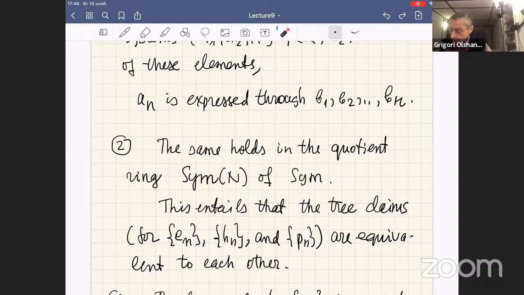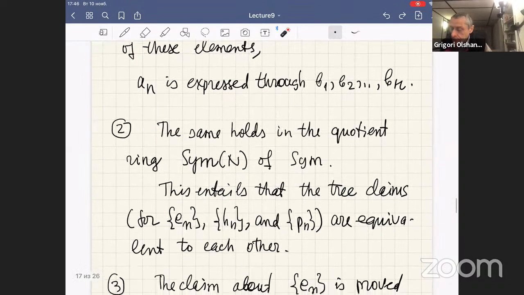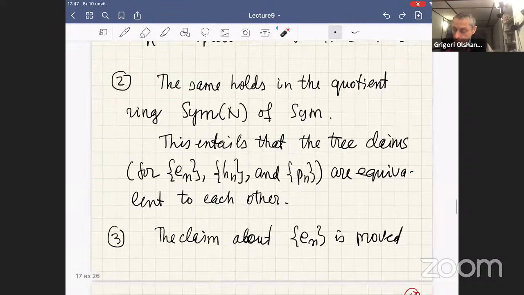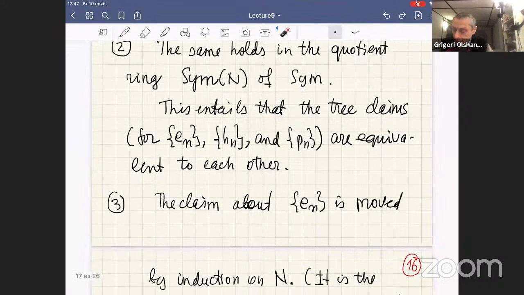And this entails that the three claims which are related to these generators are equivalent to each other. If you prove something about one system, you have a similar claim for another system. But now it's more convenient for us to prove our claim with respect to the elementary symmetric polynomials.